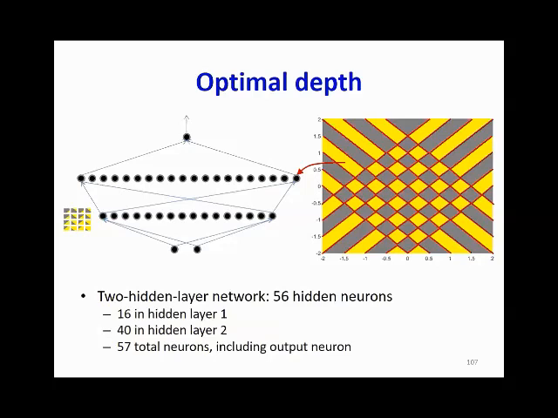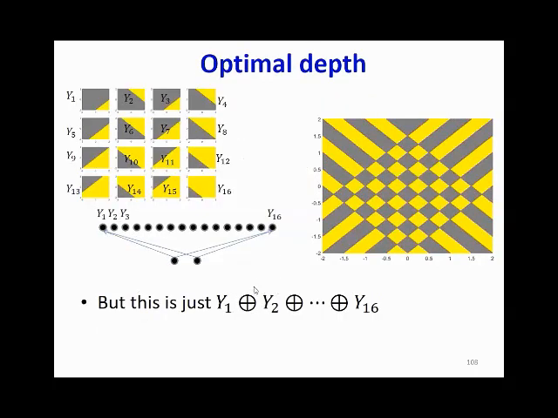Now, this network is just an XOR of the outputs of these line detectors. You recognize this pattern. If my 16 line detectors output the variables y1 through y16, this is just y1 XOR y2 all the way until y16.